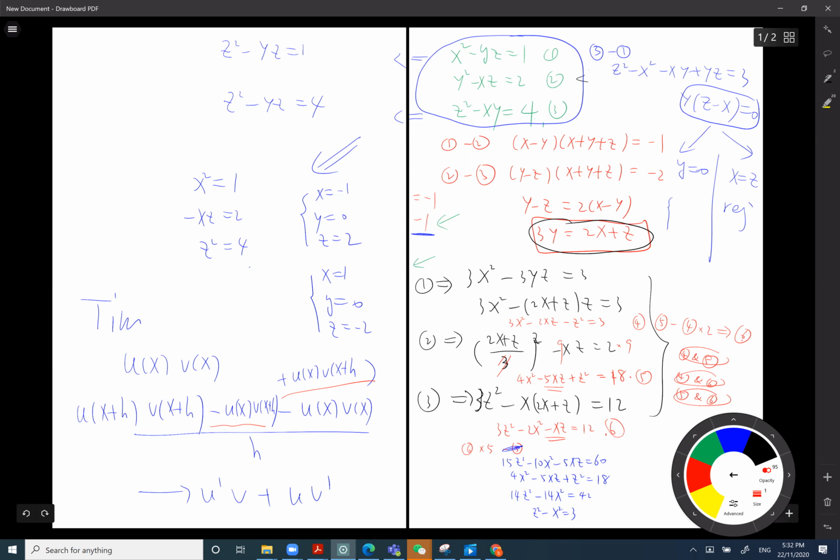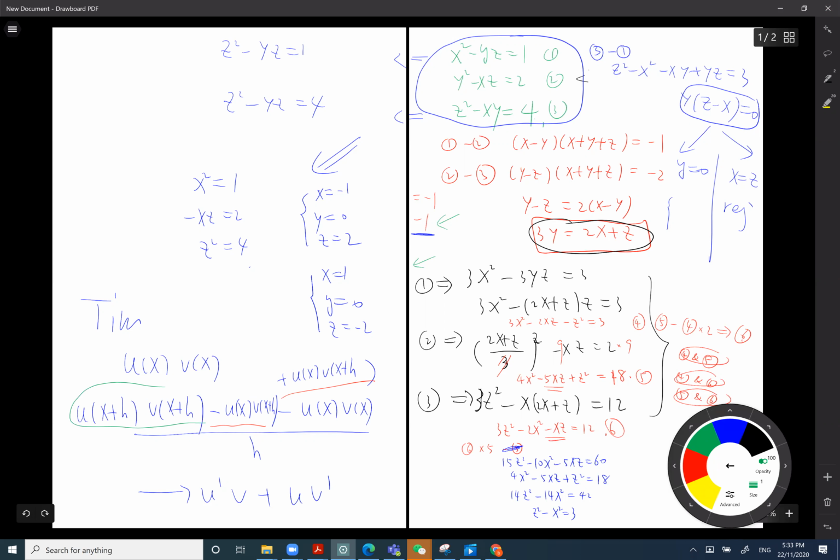Minus and plus the same thing. After this step, this piece together, this piece together, you can have here and here. Yeah, we don't discuss that much calculus now.